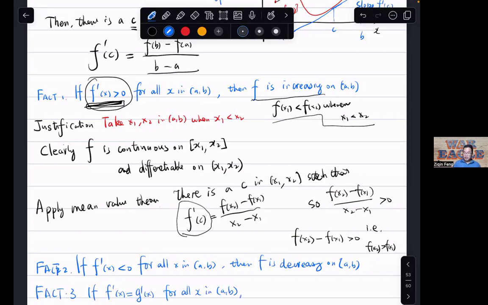Then they are closely related: f minus g is a constant function. So one function is the other function plus a number. If they share the same derivative, you can get one from the other by adding a constant.